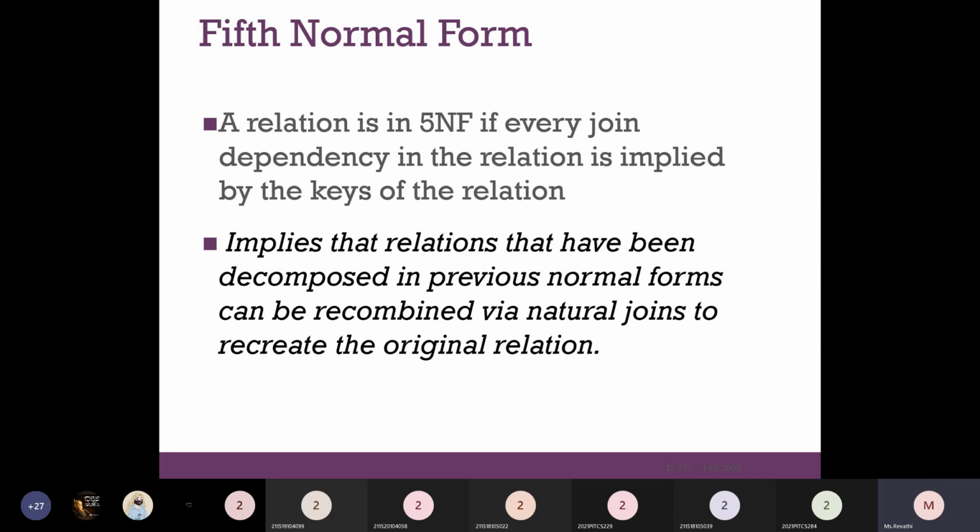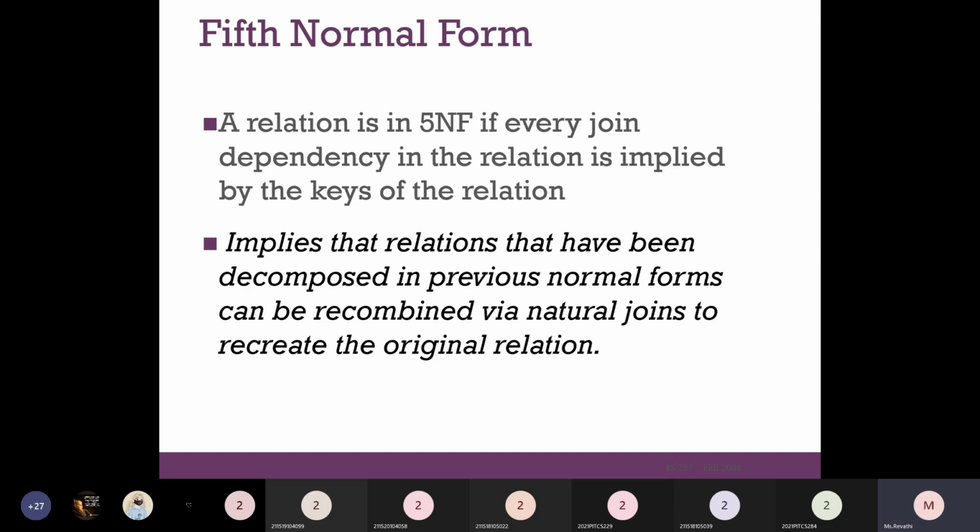So normalization is an important topic concerning your database management system. And there will definitely be questions on normal forms and normalization.